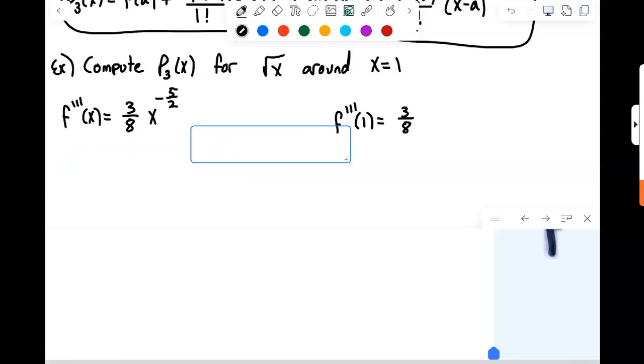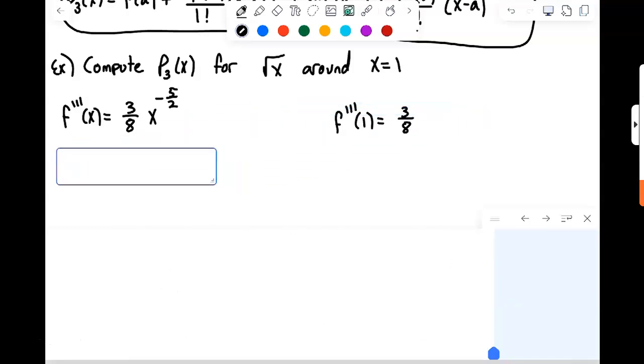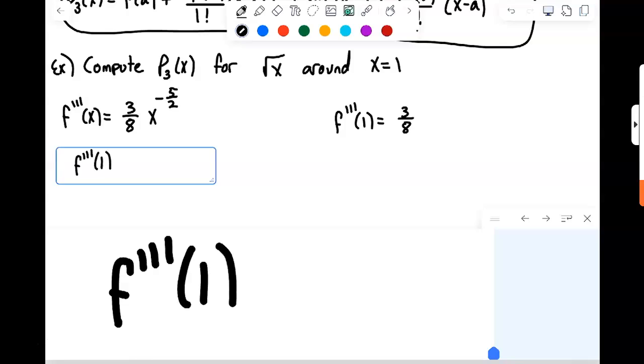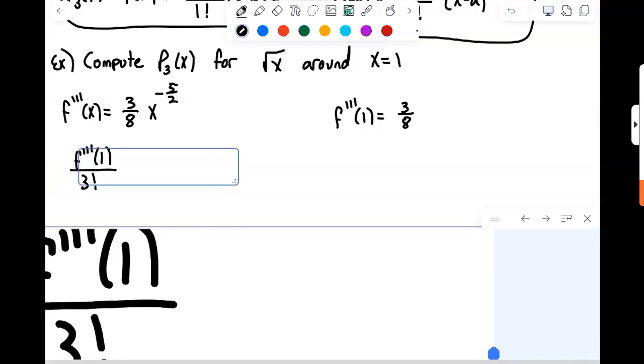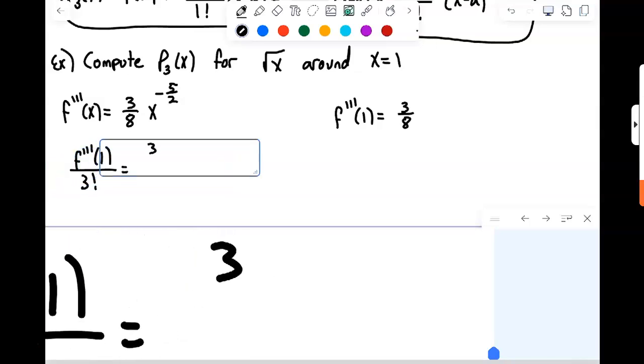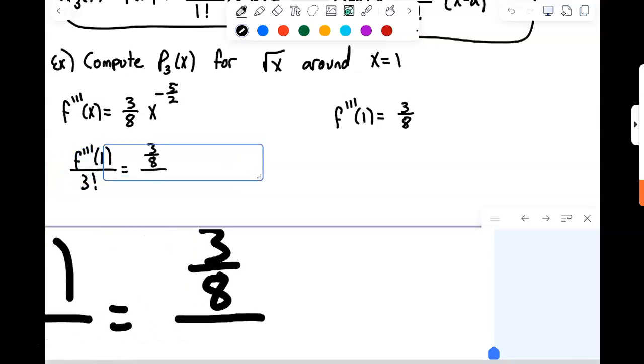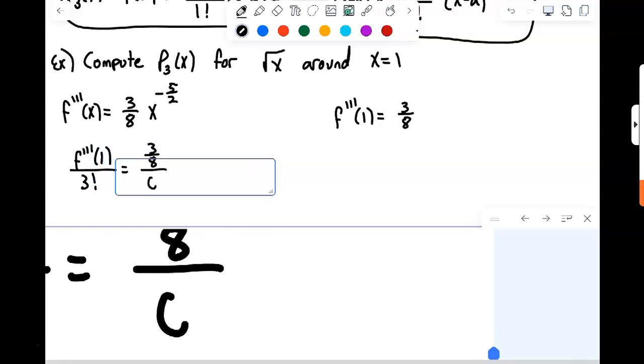And now we write out our expression. So the only coefficient I need is this 3/8. So F triple prime at 1 divided by 3 factorial would be equal to 3/8 divided by 6.